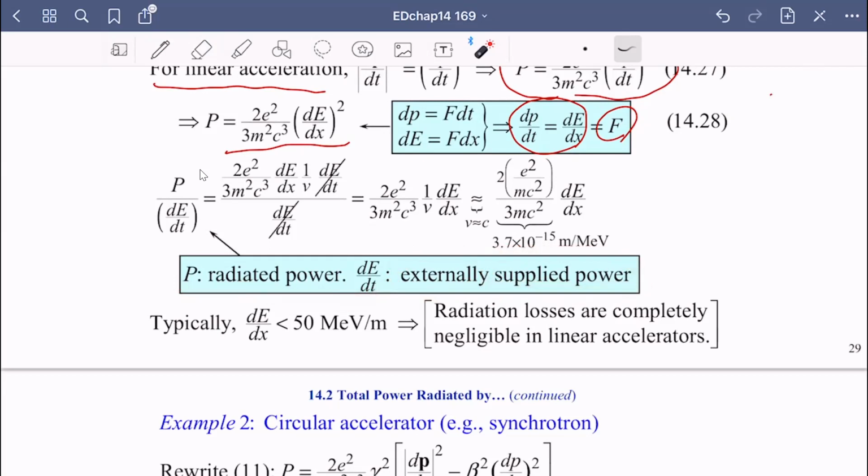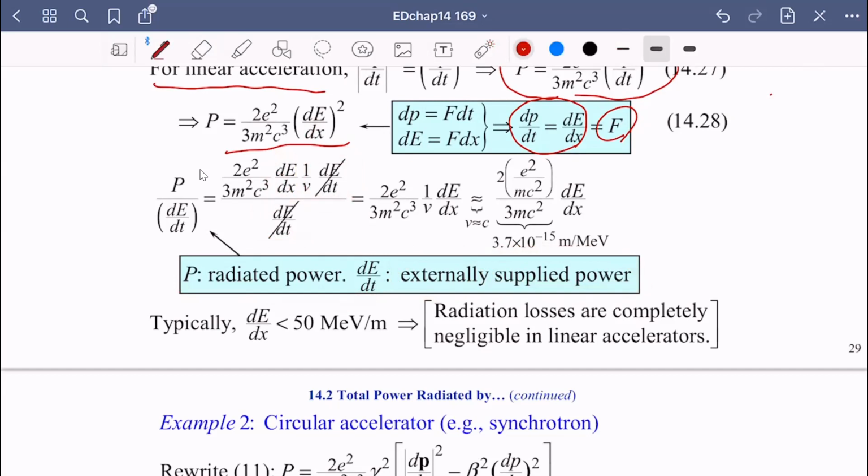Okay, so P divided by this one, and remember, this one can be separated into this one together with this one: dE, dt, dx.